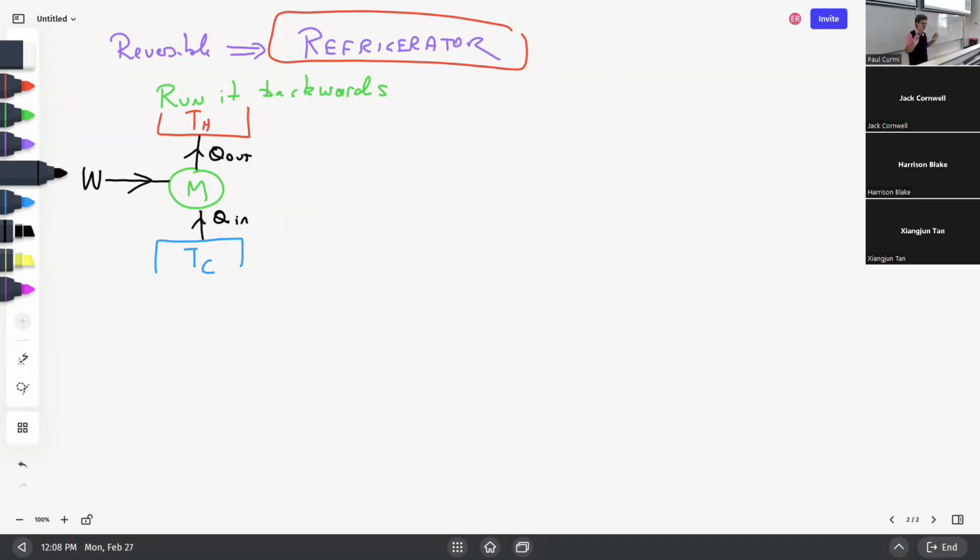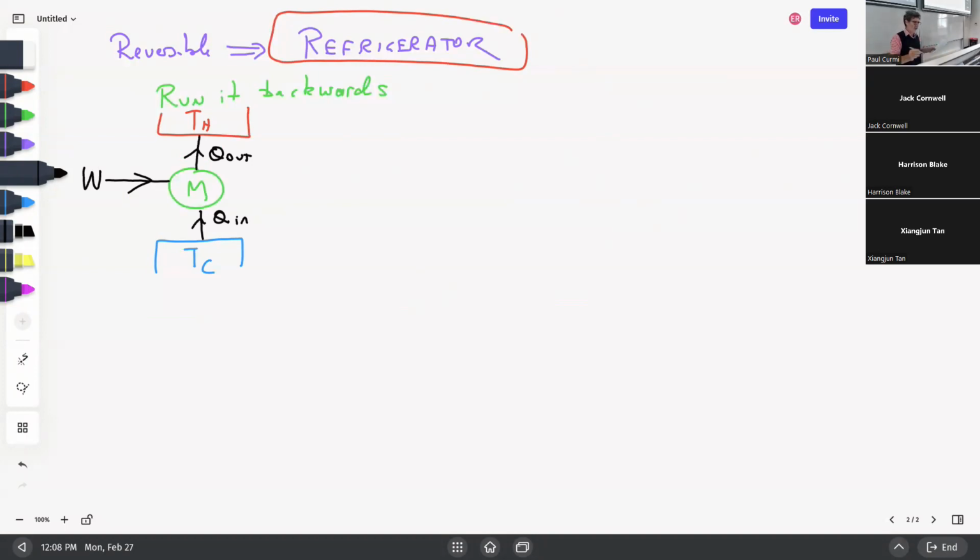Because it's reversible, I'm just running the thing backwards. Air conditioning system, okay? Carnot air conditioning system. You can take something from a cold room and pump it out to a hot exterior, or a refrigerator, however you wish.